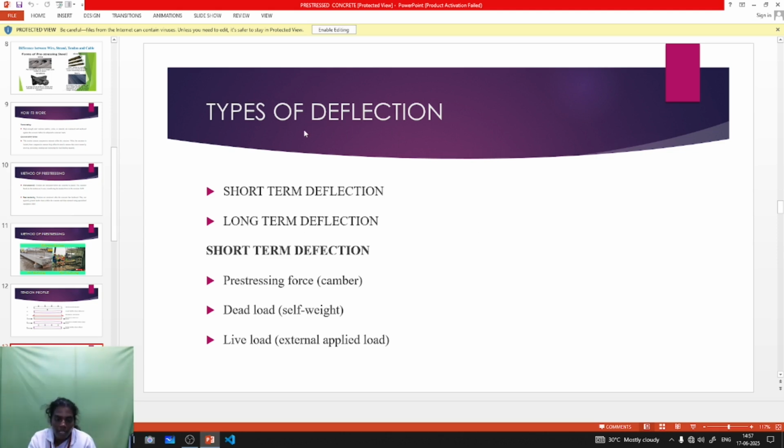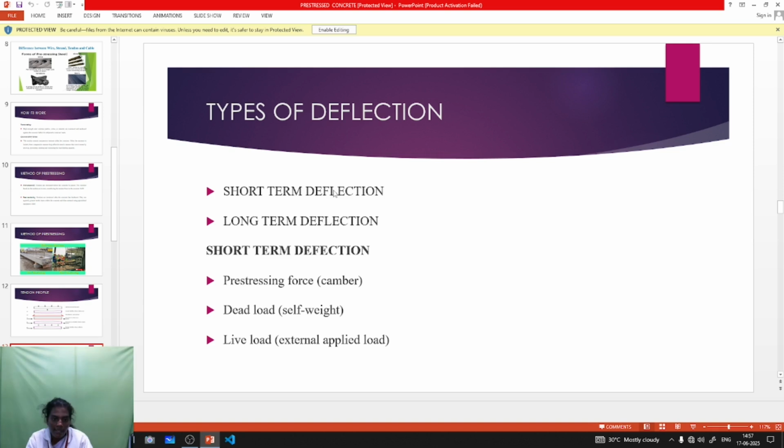The types of deflection of a prestressed concrete member are two. First one is short term, second one is long term. An example of short term: first the stress is induced to the steel member. Release the stress, and you get the elastic deformation, so the steel length changes. It is a short term deflection.